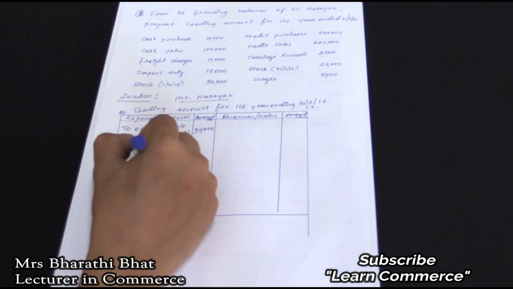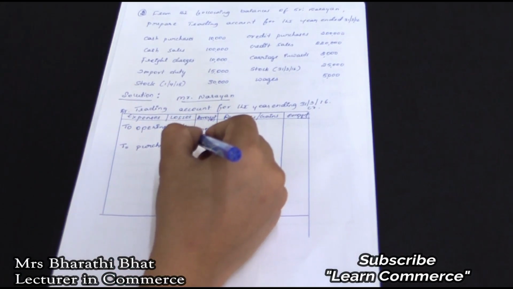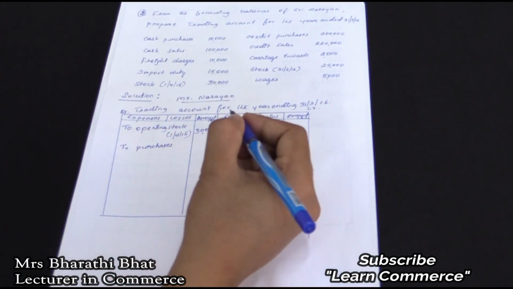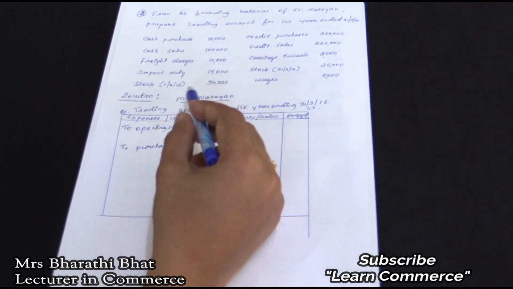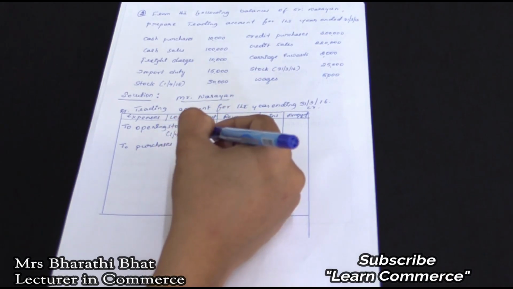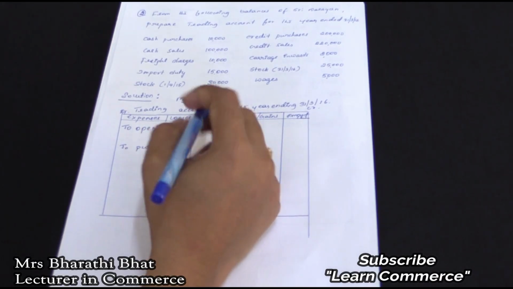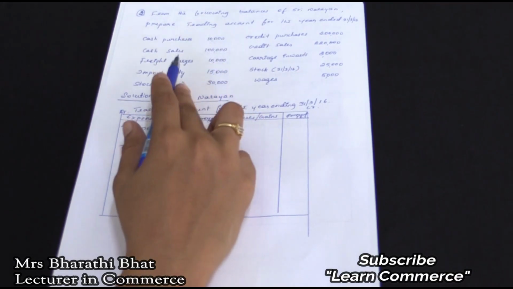Two purchases. If return is there, you have to deduct that amount. In this information, there are no returns. So directly you can write the amount, but here you don't know the total amount of purchase.